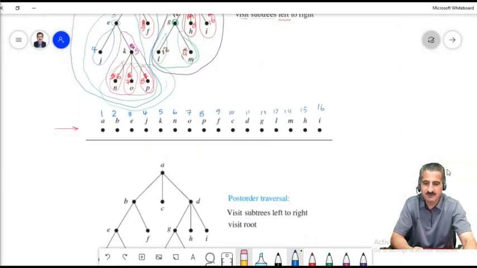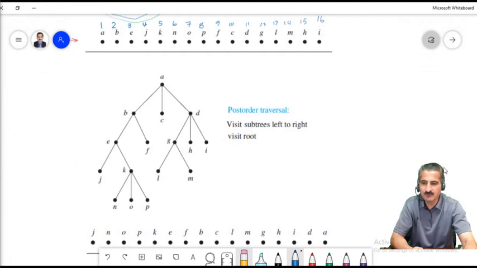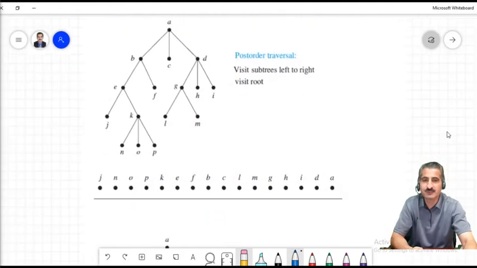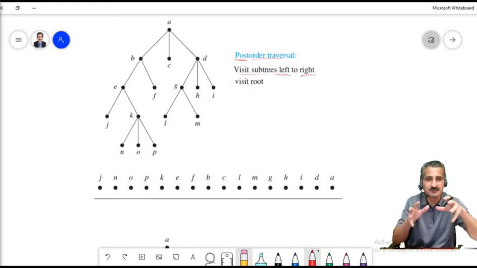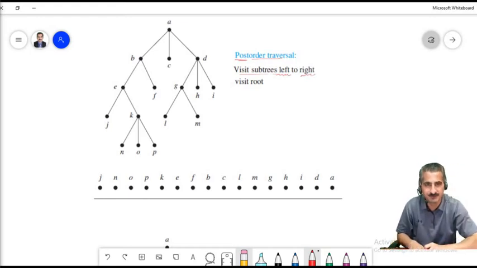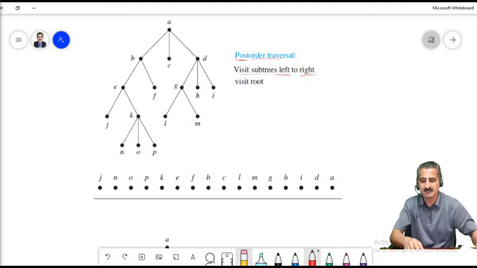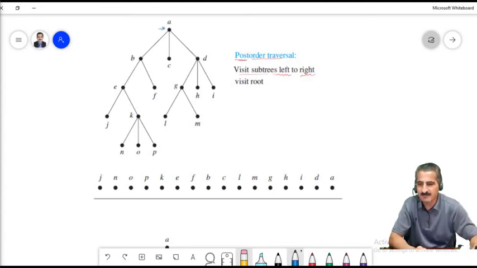Let's go to what is so-called post-order traversal. Post-order traversal says visit subtrees from left to right. Once you are done with subtrees, go and take the root. Okay, let's see that. So this is the root here, A, but we will not take it.